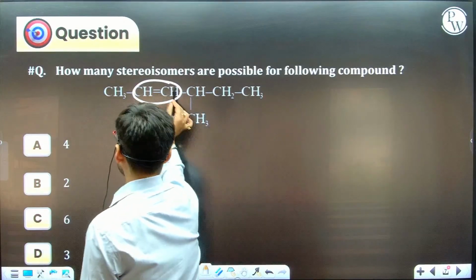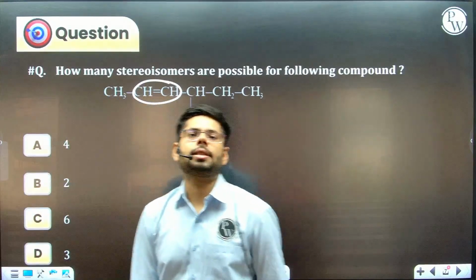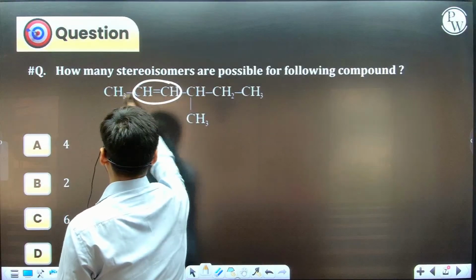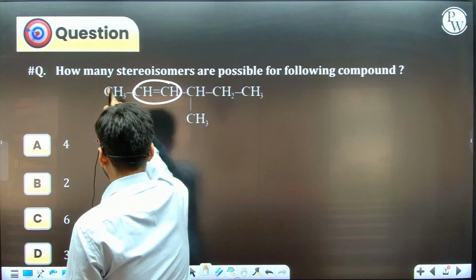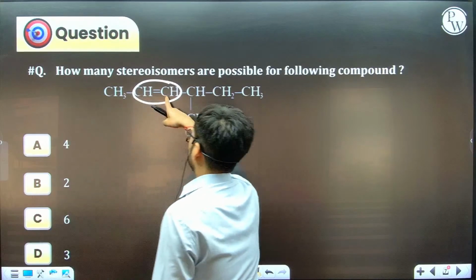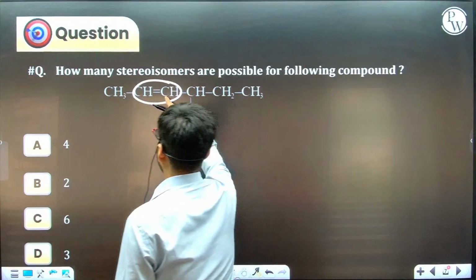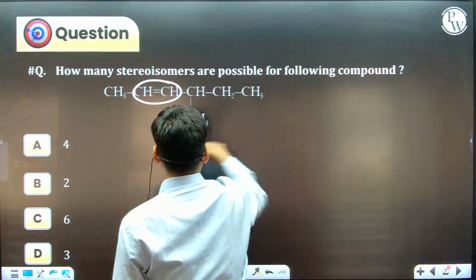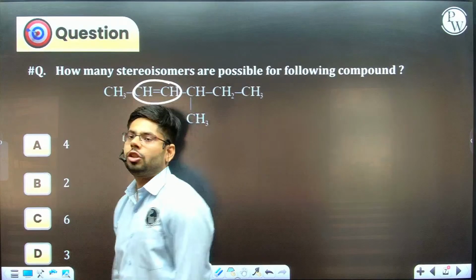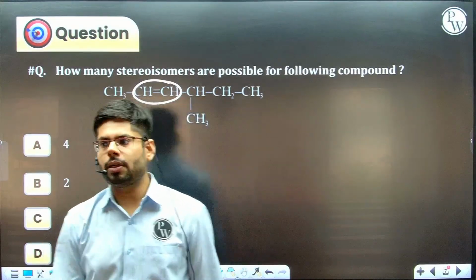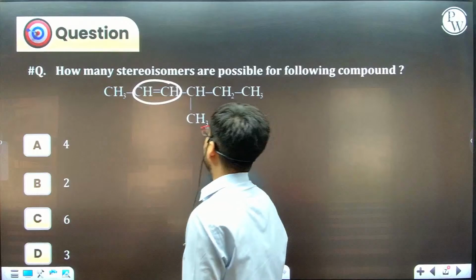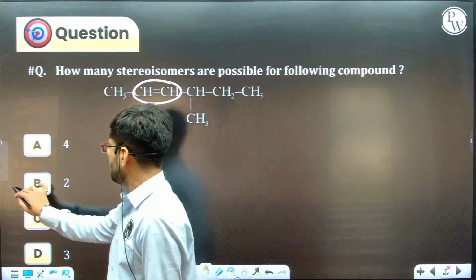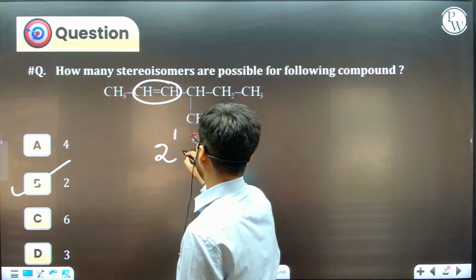Okay. Around this double bond, geometrical isomerism is possible because this sp2 carbon has two different groups attached to it. The groups are CH3 and hydrogen. Similarly, this sp2 carbon again has two different groups attached to it. One is a hydrogen atom and the other one is this entire group. So we will say yes, geometrical isomerism is possible around this double bond, and since there is only one such double bond, there are two geometrical isomers, 2^1, that is 2.